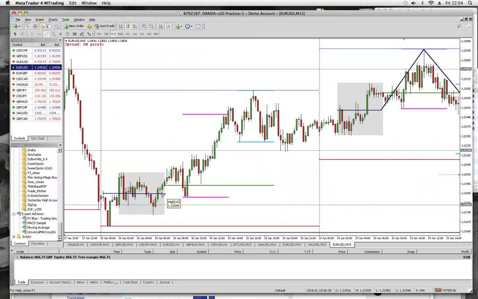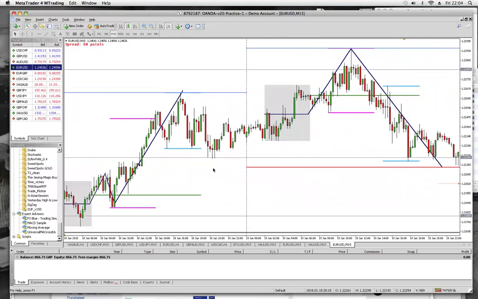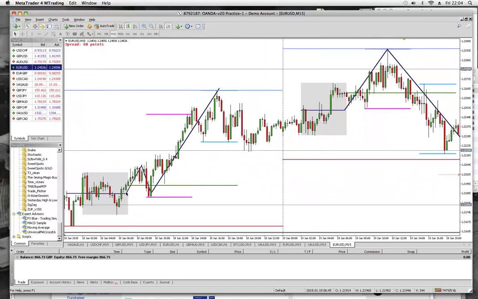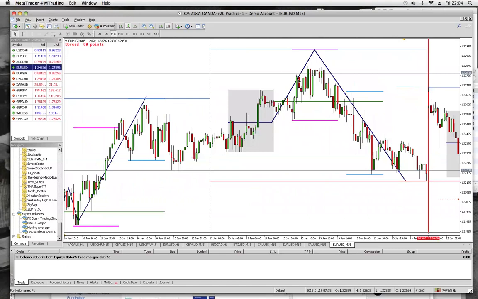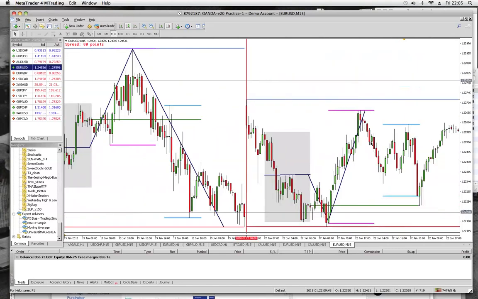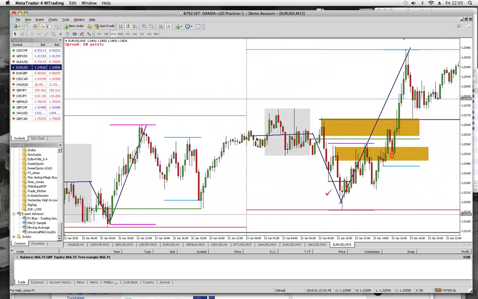This one can be accumulation, expansion, retracement, expansion. So that's it, really. That's how it moves. It's just accumulation, expansion, retracement, expansion, or accumulation, expansion, reversal, or AMD. AMD is most popular.